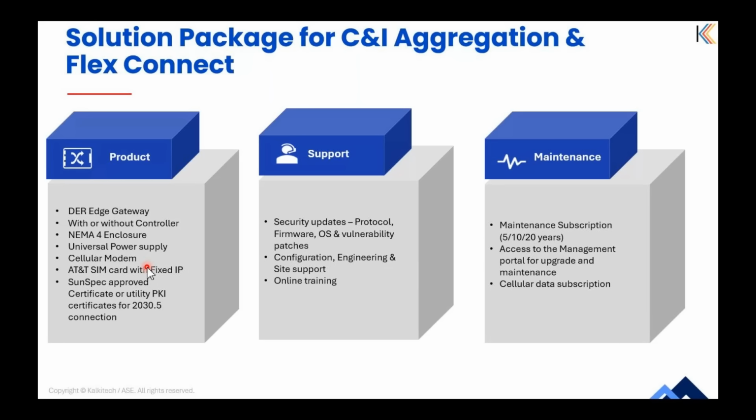Importantly, it is also pre-installed with the PKI certificate approved by SunSpec, and all security certificates for seamless and secure 2030.5 communication, as well as for device management, pre-loaded before shipment to the site.